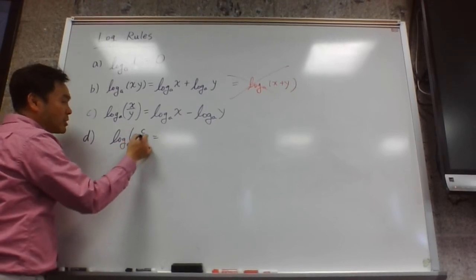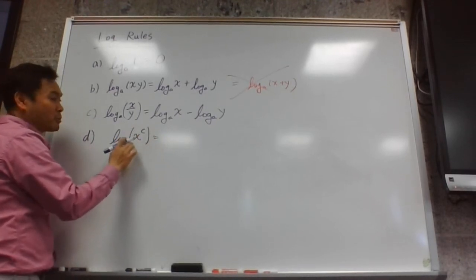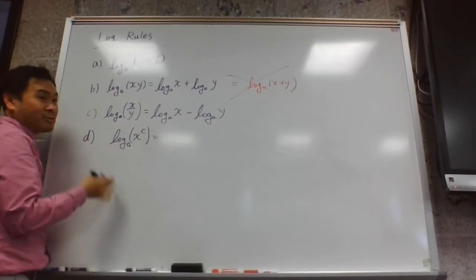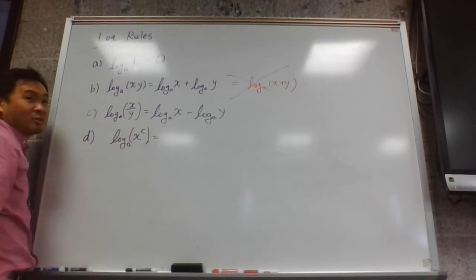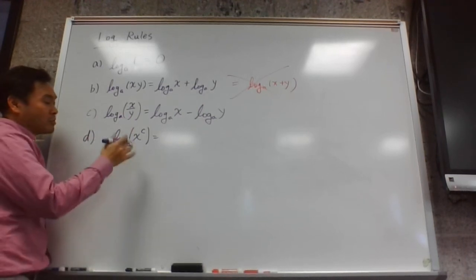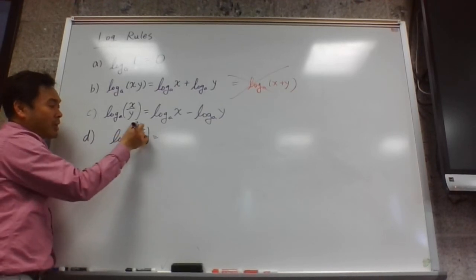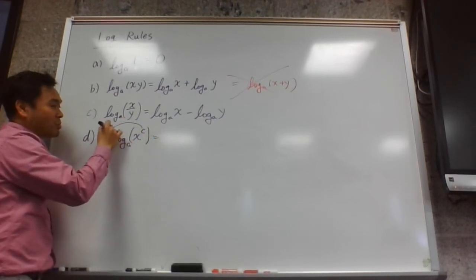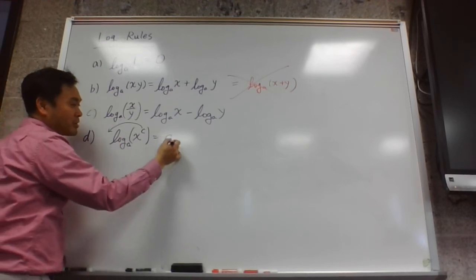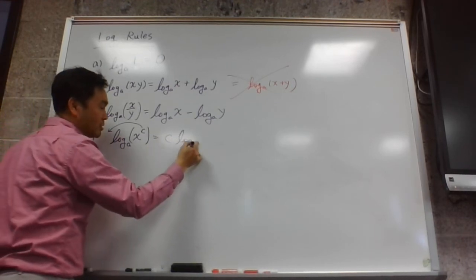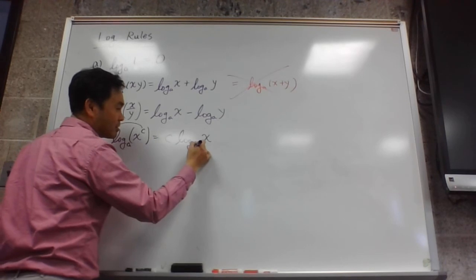If you have an exponent inside the log, and it's really important that this exponent is inside the log. If it's not inside, then you can't do that. You can't simplify according to this rule. You can make this c jump over the log and make it like c log A of x.